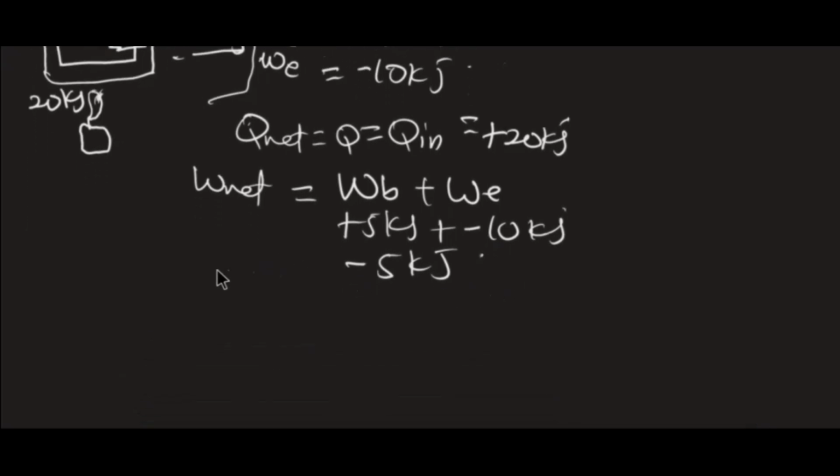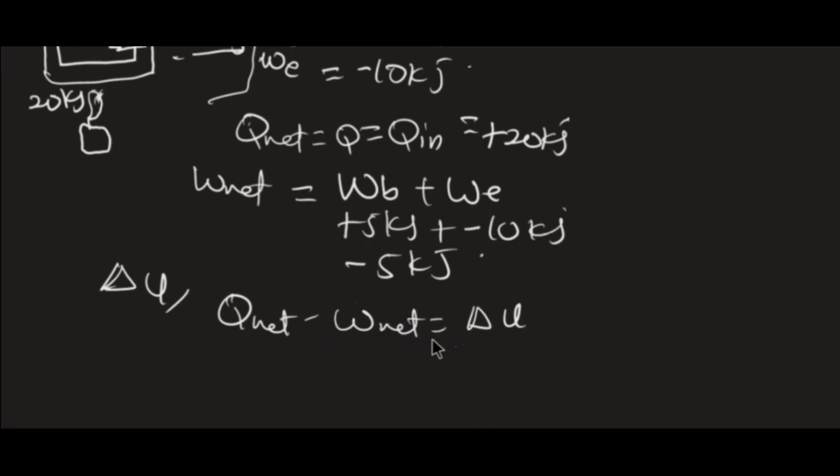How do I find my internal energy, delta U? I showed you the equation that in a closed system from the first law, the Q net minus W net is always equal to the change in internal energy.